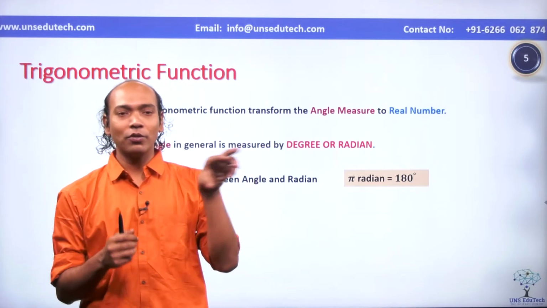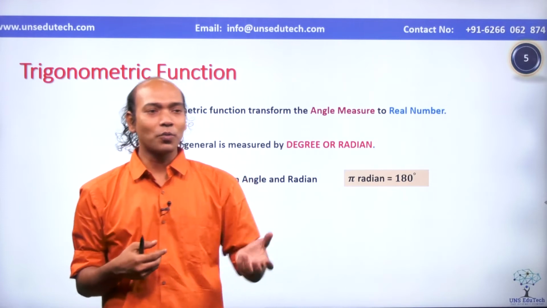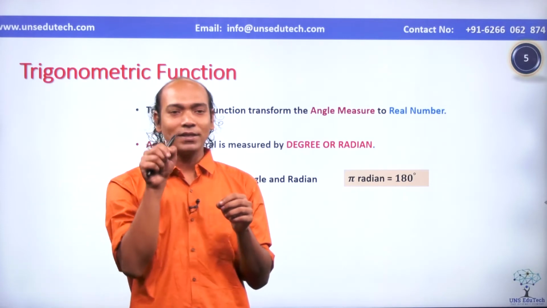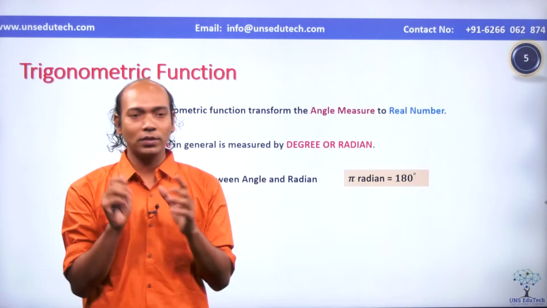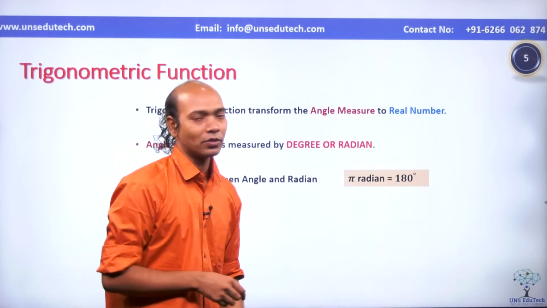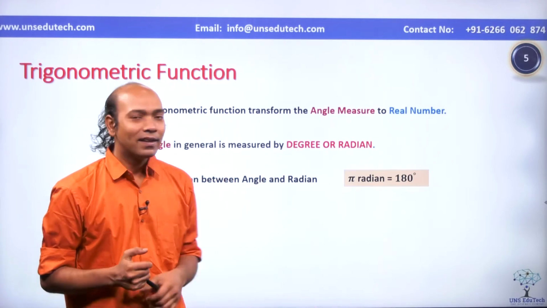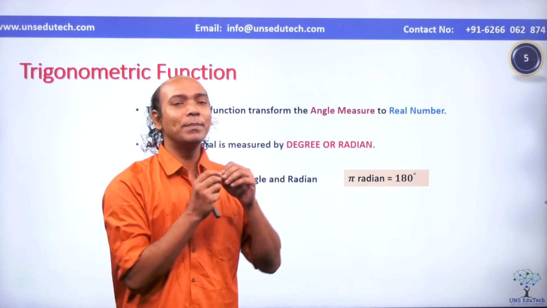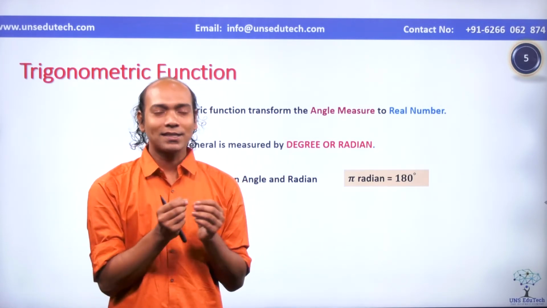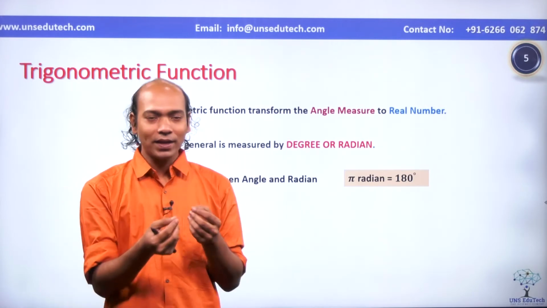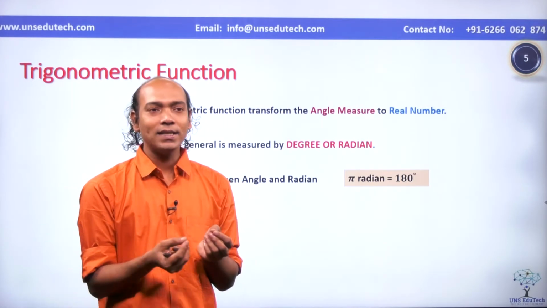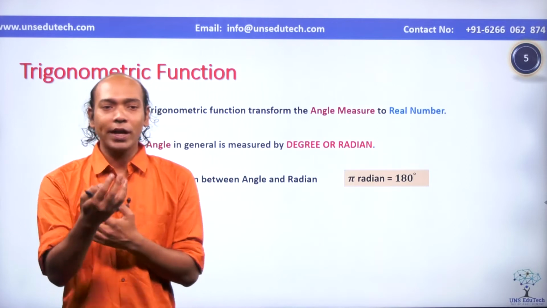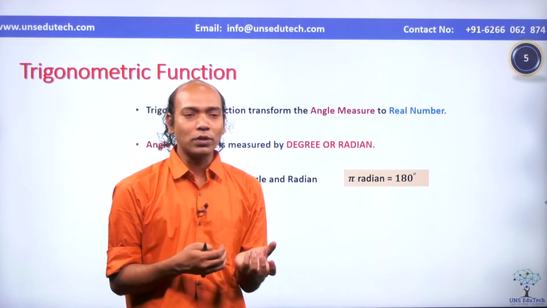So as you take your geometry box and open the protractor, you get some degrees, 0 to 180, 0 to 90 and all that. That's the degree we are talking about. And radian is a little higher concept; it is a unit of measurement, just like the unit for the length of sides is centimeter, someone gives you kilometer, someone tells you foot and so on.